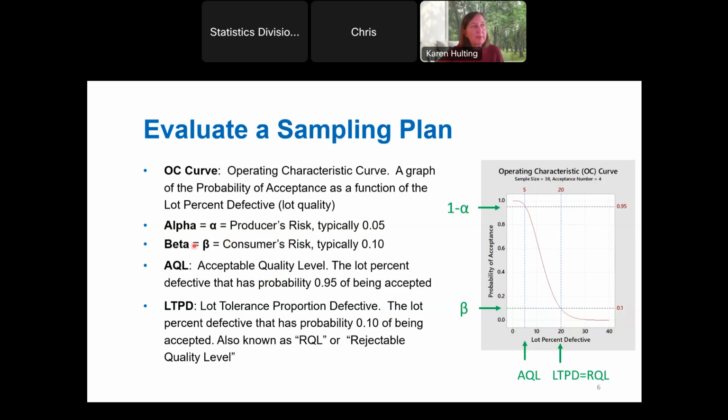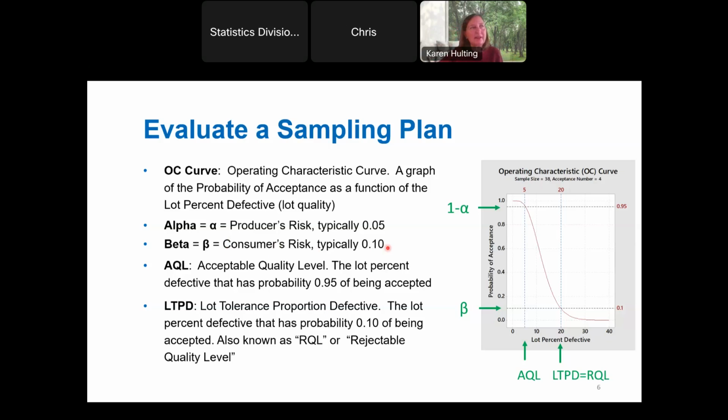There's another probability value, this beta, that's called the consumer's risk, because that's the probability that the person buying this product has that product shipped to them when the quality might not be as high as we'd like to have it. And interestingly, these two probability values, in typical practice, are different.